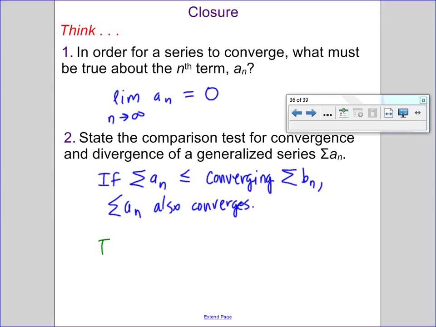Versus, if my series a sub n is greater than or equal to some known diverging series, call it the sum of c sub n, then a sub n must also diverge.